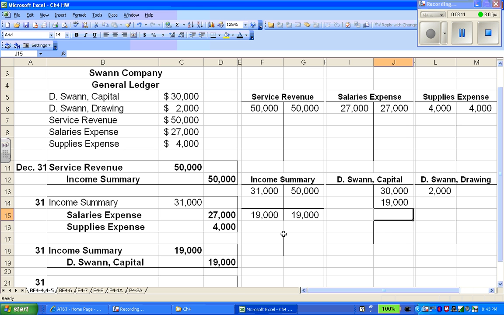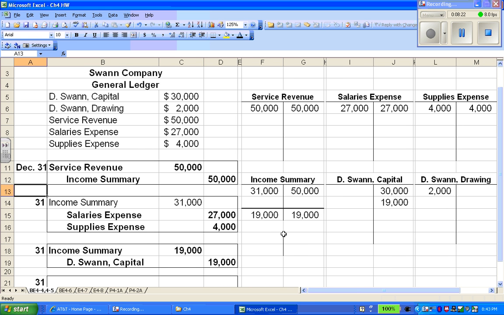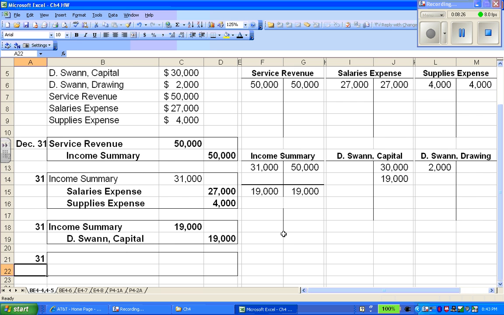And then finally, the last closing entry that you want to make is to close out this drawing account, which we're going to close out to the capital account. All right, so my drawing account has a debit balance. That means in order to close that out or make it zero, I'll have to credit the drawing account for 2,000. And then what I want to debit is my capital account.